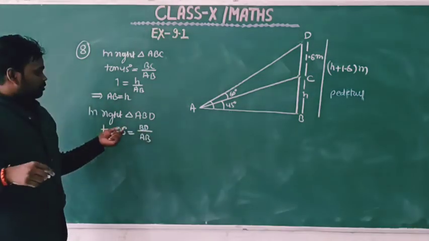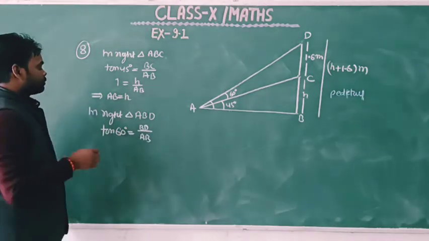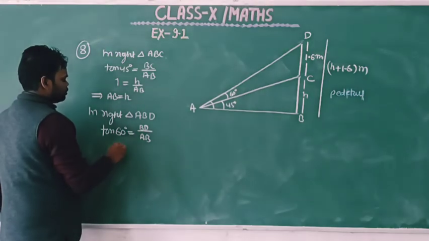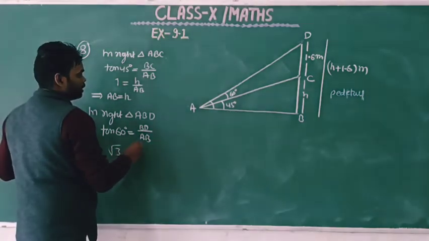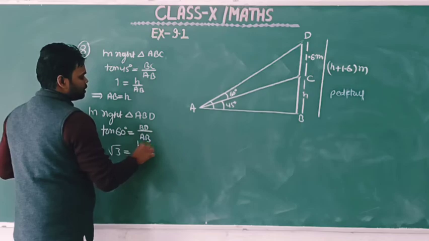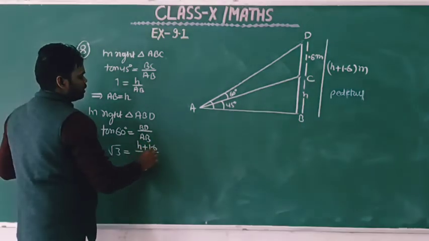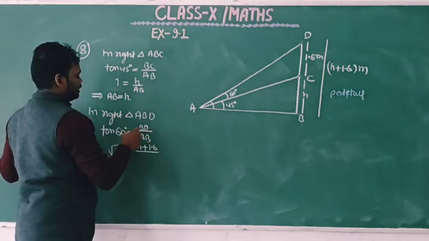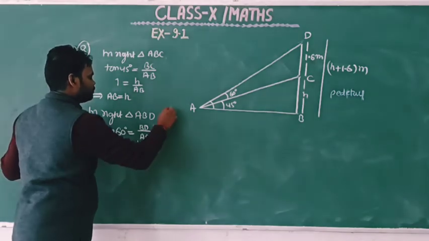The value of tan 60 is root 3. So root 3 equal to BD, h plus 1.6, upon AB, which is h.